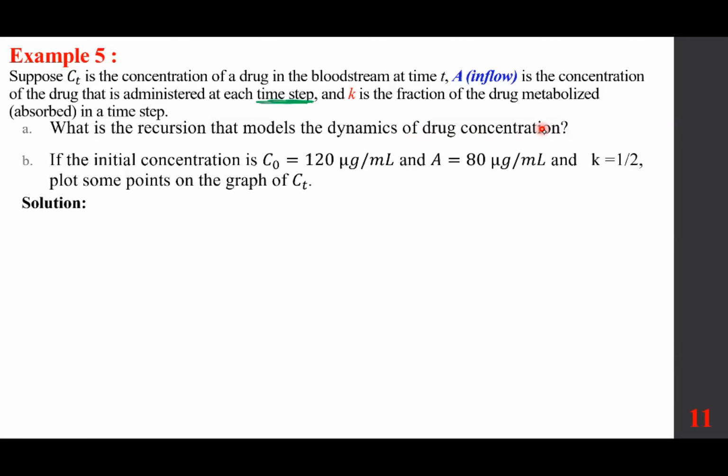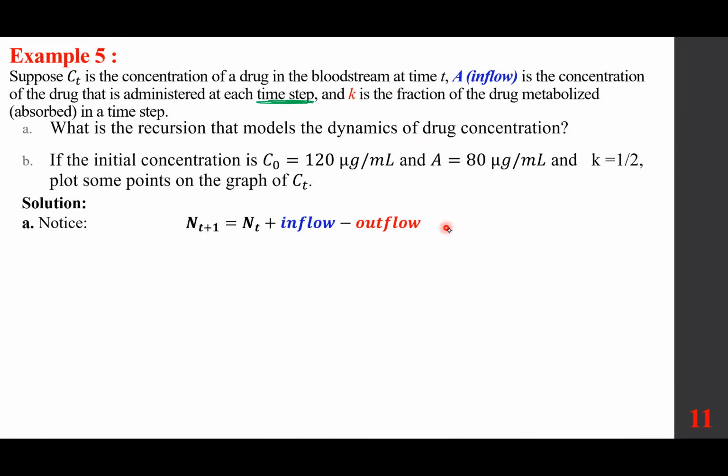So what happens is that the dynamics, generally speaking, we go with N, and in this case, I'm going to go with C in a moment, but N sub T plus 1 is the previous one, N sub T. That's the concept of a time step. And what comes in, the inflow, and what comes out, the outflow. So this is the general form.